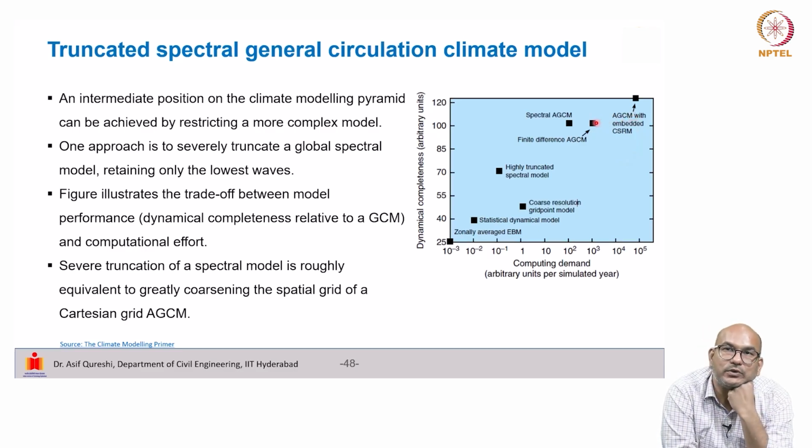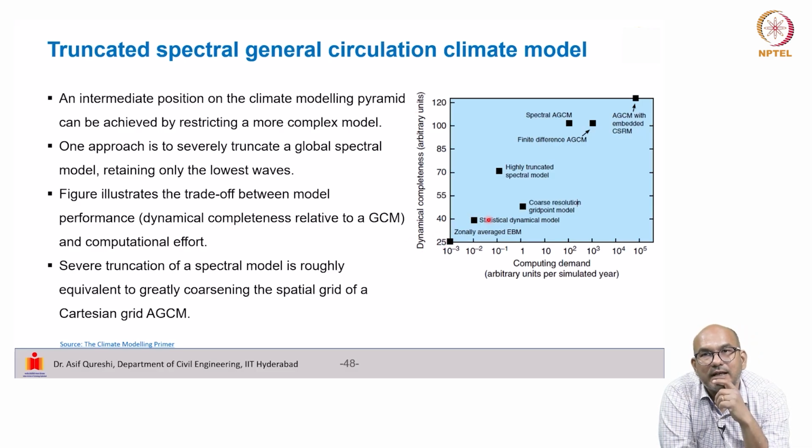Then as we go to reduced models, we have lesser computing demands and okay complexities. But then we go down to the other end of the spectrum, where we have the zonally averaged energy balance model. Computing demand is very low, we can probably compute by hand or with very simple code. The demand is low, but the completeness of the model is super low as well.